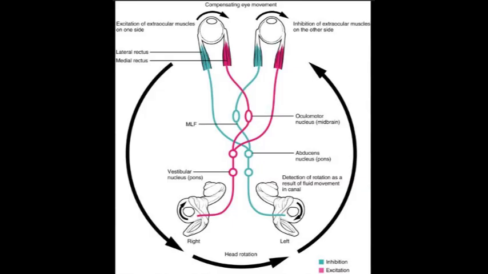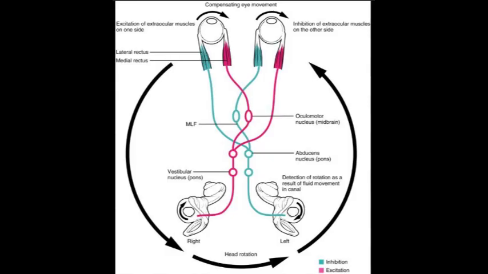And this occurs because each semicircular canal has an excitatory and an inhibitory projection to the agonist and antagonist extraocular muscles. Now, if you move your head to the right, this activates the horizontal canal on the right, and this will cause activation of the medial rectus in the right eye and the lateral rectus in the left eye.